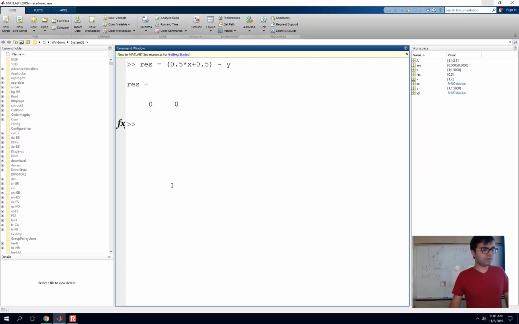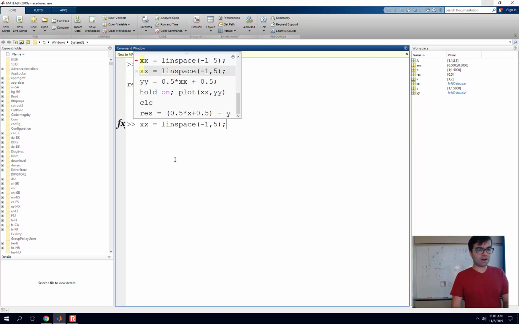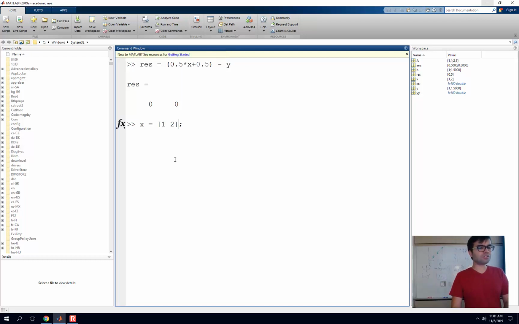Now we change our x and y values, right? Previously we had 1 and 2. Now we have 1, 2, and 3. So let me add 3 to my x values, and my y used to be 1 and 1.5, it's now 1, 1.5, and 3.